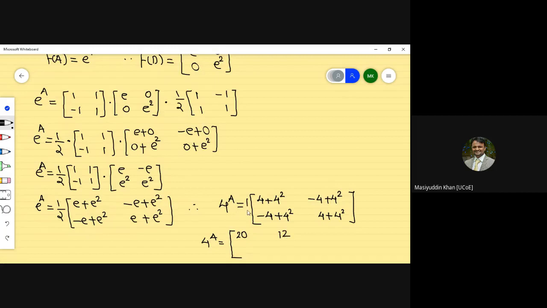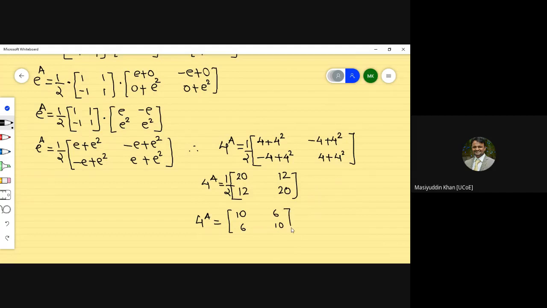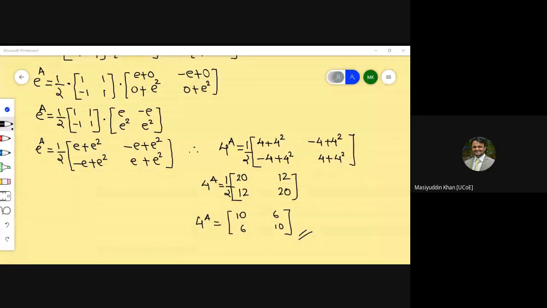Sorry, 1 by 2 we have to keep as it is, then again 12, then 20. So we can divide the whole term by 2, and we'll get 4 raised to A is equal to 10, 6, 6, 10, and this is the final result. So just see and observe what we performed.